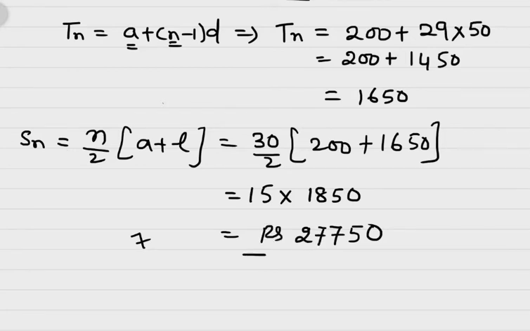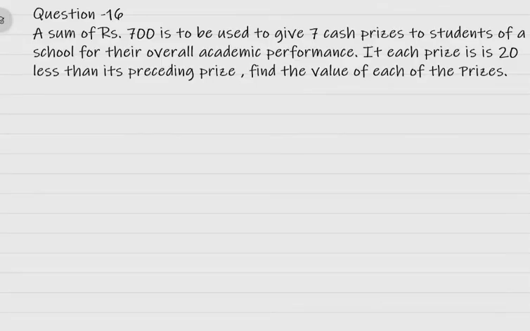So all in all, he has to pay rupees 27,750 for the delay of how many days? 30 days. So the amount to be paid is 27,750. Okay. Let us see question number 16.